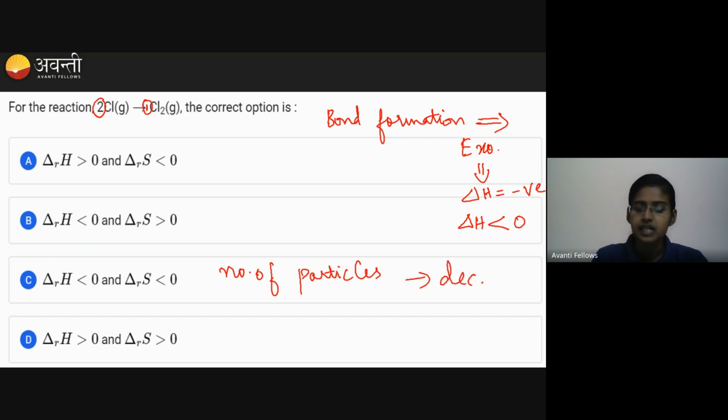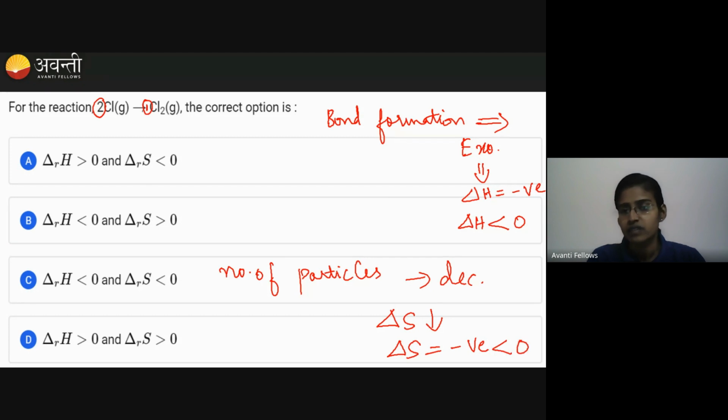If the number of particles or the number of moles decreases, then the delta S will also decrease. If it decreases, then it will be negative, right? If it is negative, it is less than 0, like this delta H. So option C is the correct answer. Clear for all?